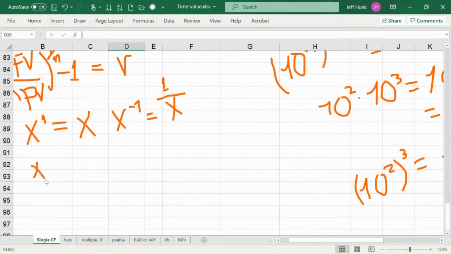So then x squared is x squared, of course.